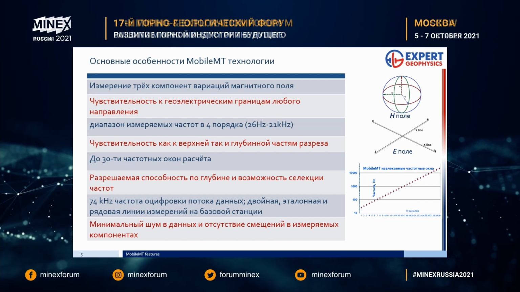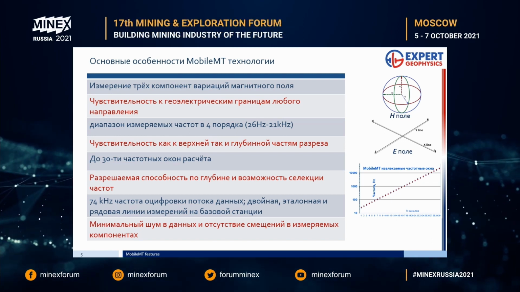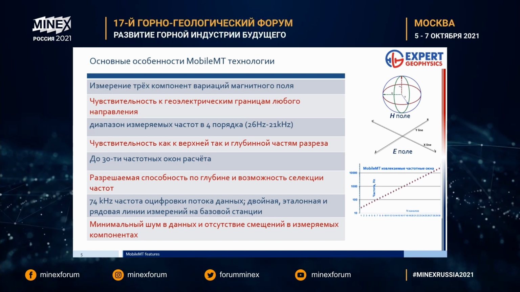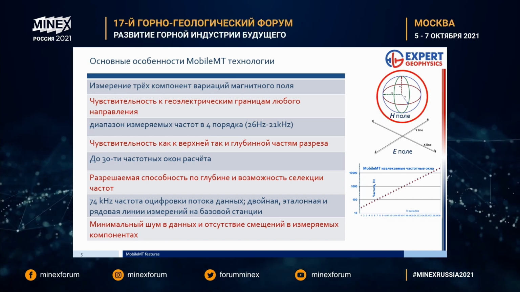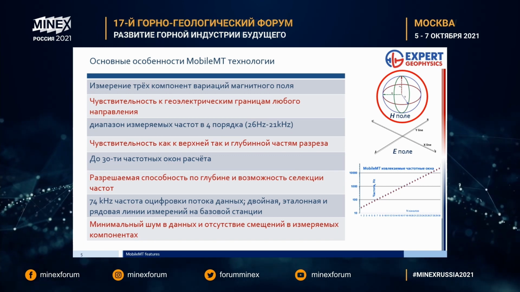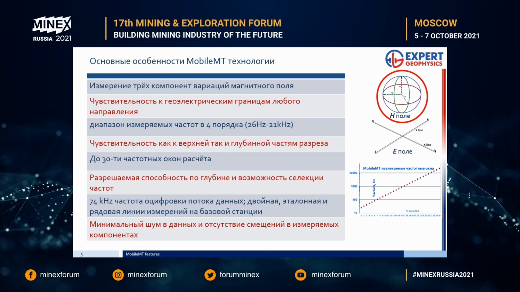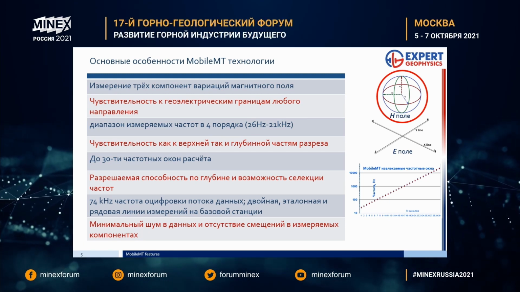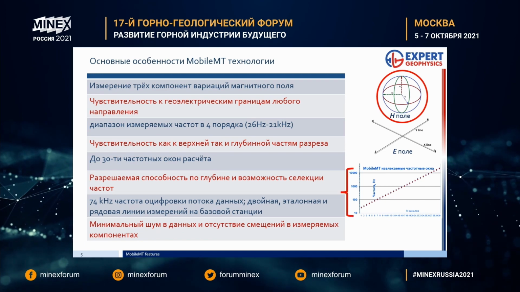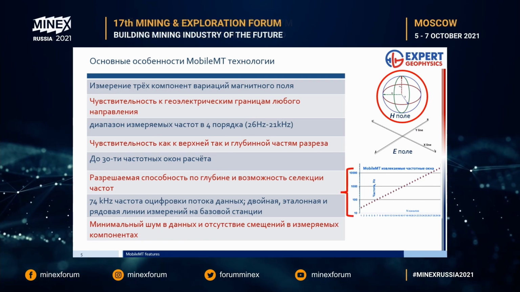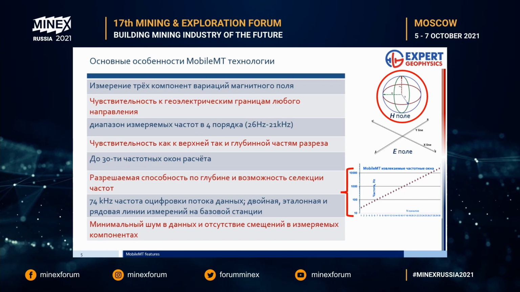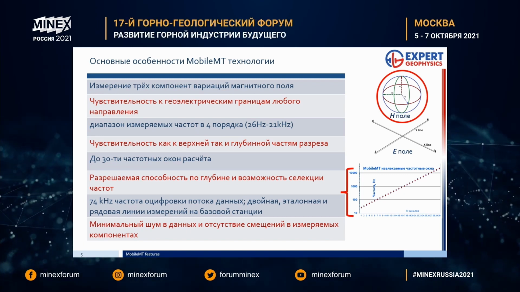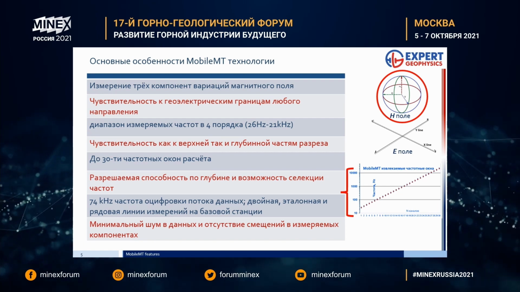The basic technical parameters and the capabilities of the system are reflected in this table. The measurement of three components of variation of magnetic fields ensures the sensitivity of the system, working in both horizontal and vertical components, that ranges from 26 to, which ensures the receipt of geological information.